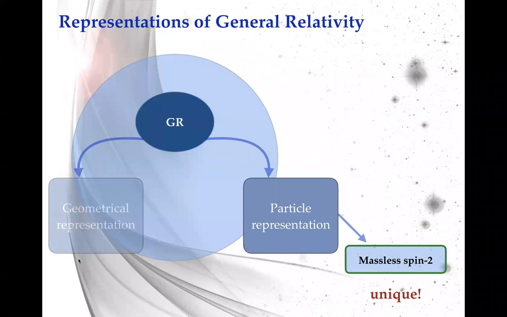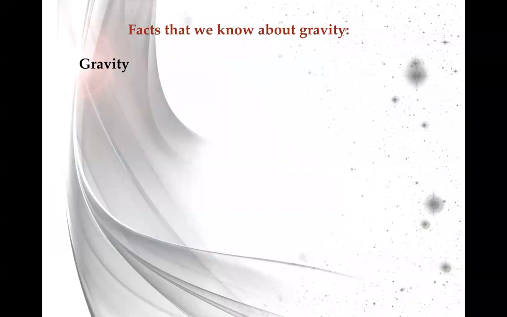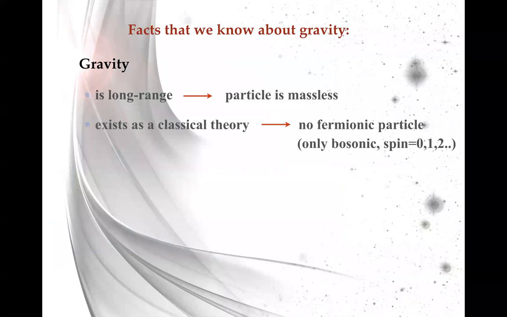It's not like in the geometrical one, where I already showed you 3 equivalent formulations. In the particle one, this is really unique, and it's the massless spin 2 field. Why massless spin 2 field? Well, we can gather together the facts that we already know about gravity. So we know it's long range, so the particle associated to it should be massless. It exists as a classical theory, so it cannot be a fermionic particle.